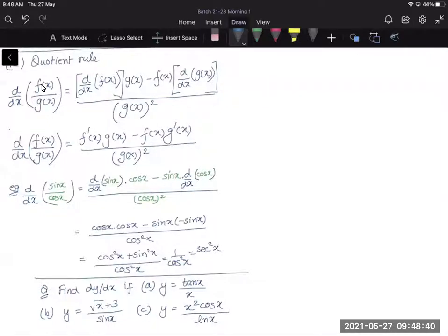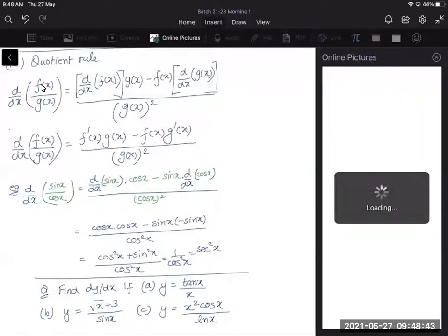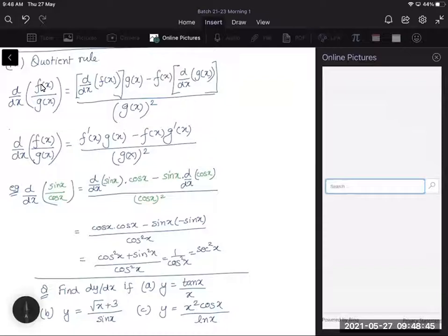Let's check. Half of tan x upon x. क्या आ गया? टैंक आ गया.